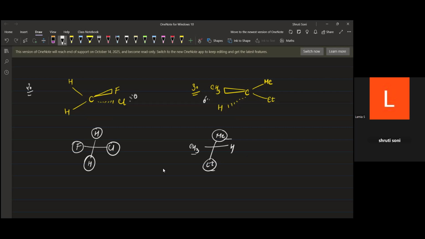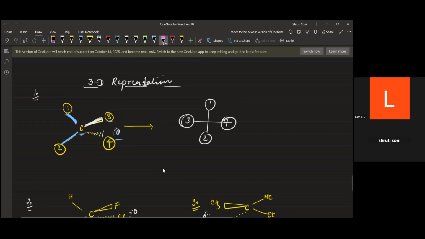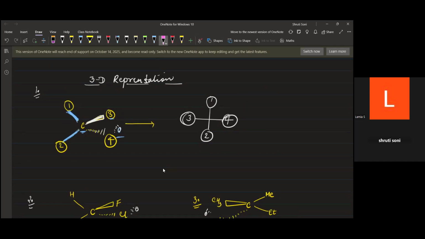Okay, and let's suppose if the examiner will ask you, let's suppose this is the first one, and the examiner asks that if the compound is a 3-degree halide, in that case what type of reaction will occur?